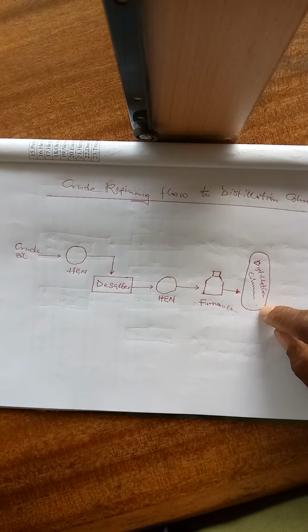There are various types of desalter: settling type, electrostatic type, and gravity type. We'll be concentrating on the electrostatic type. The reason it is one of the best is because it enhances performance and enables you to save costs.